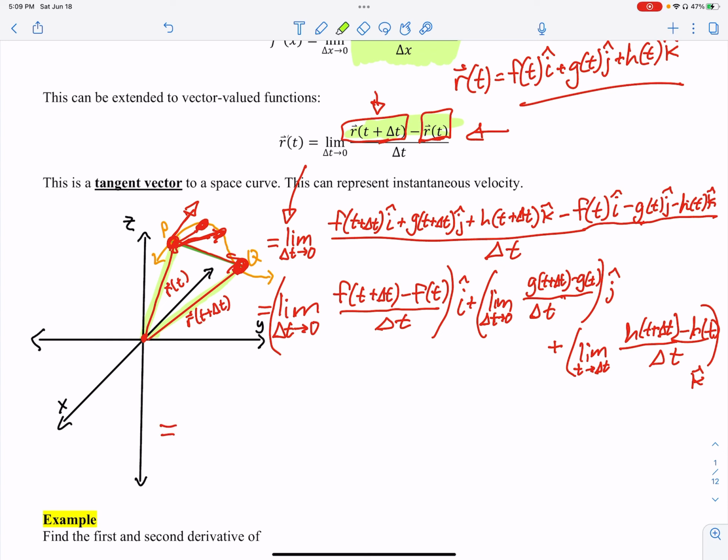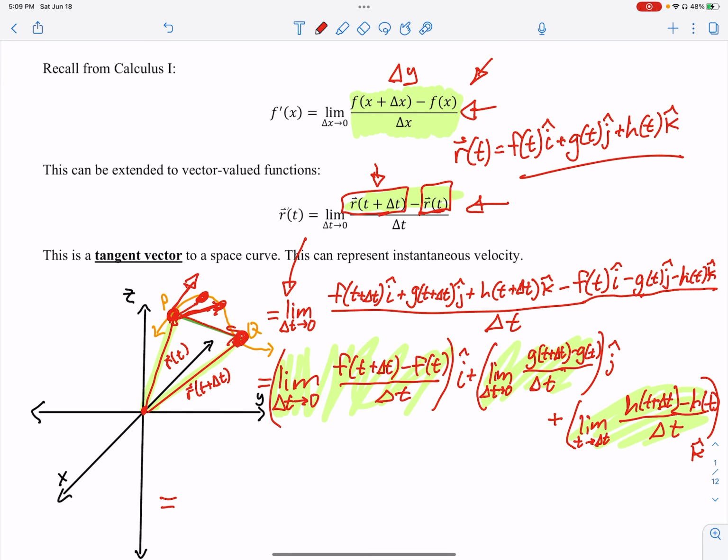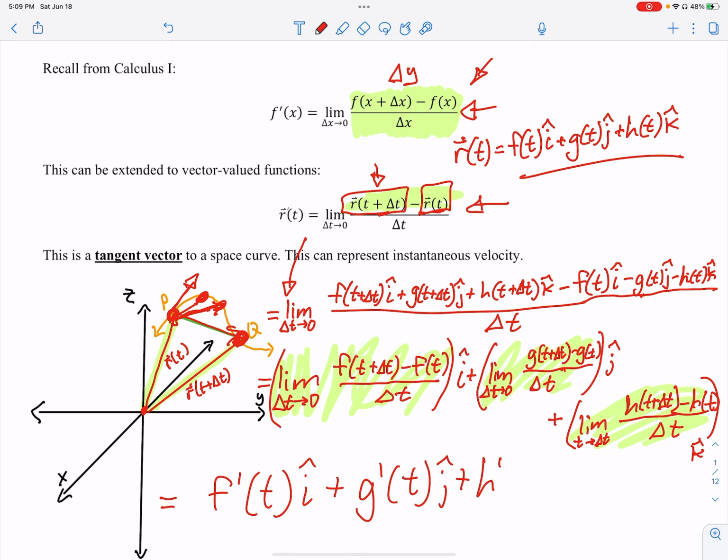Now, notice we have three different parts here, and for each component, I have this, that, and this one. Well, that is just the definition of a derivative. That is exactly what this says right here, but with t's instead of x's. So this is f prime of t i, plus the same thing for g prime of t j, plus h prime of t k.